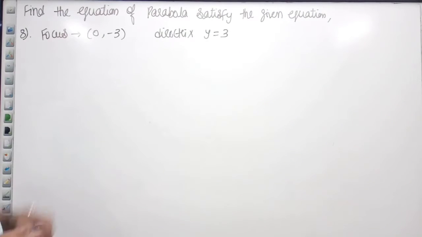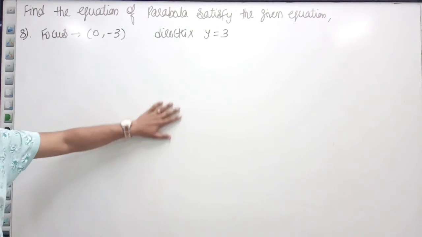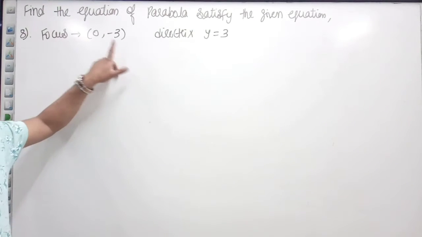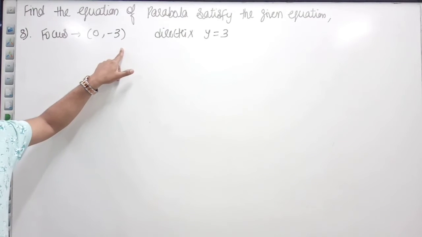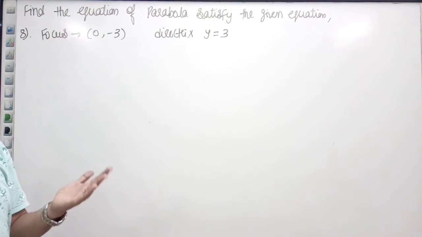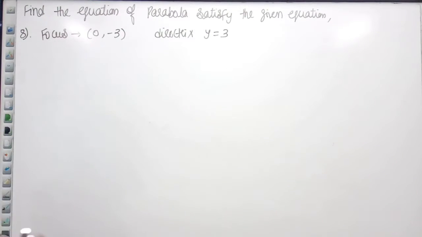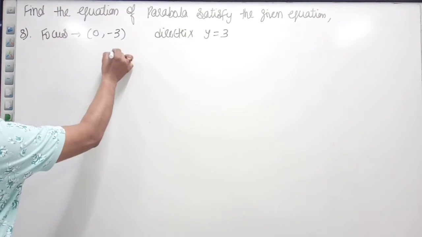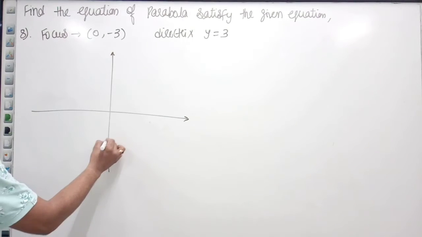Next question we have, focus (0, -3) and directrix y equal to 3. Focus (0, -3). Just open the formula table. Whenever you are solving the question, just put the formula table in front of you and just compare it. (0, -a), you will find (0, -a). The focus is on the y-axis, (0, -3).